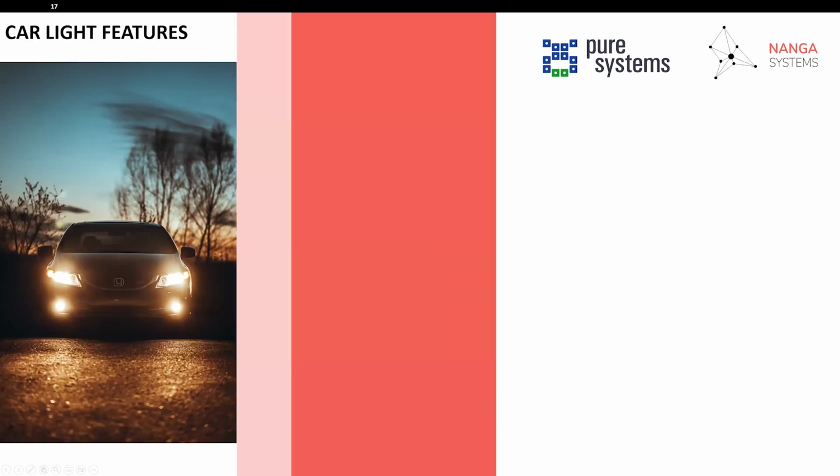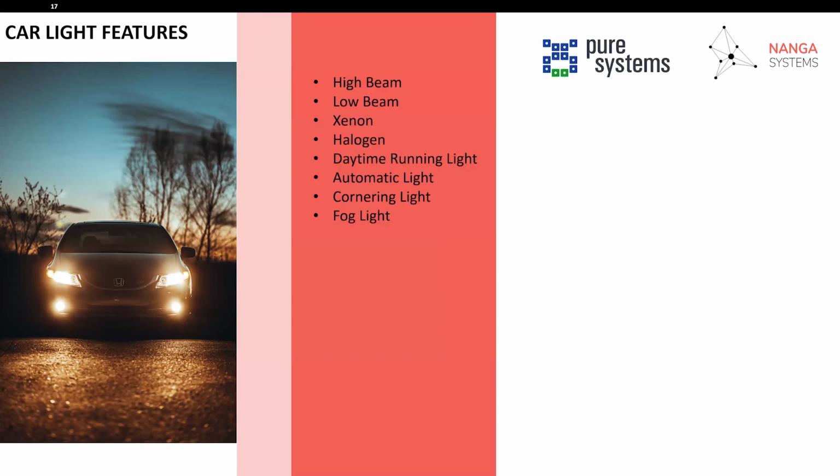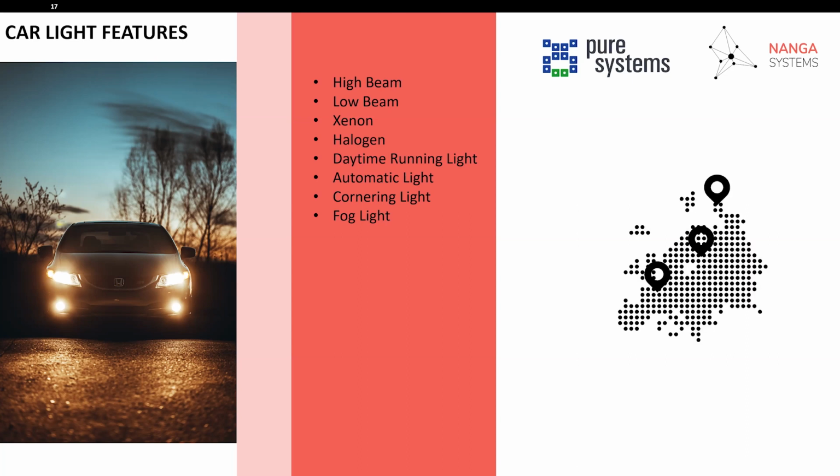For our example today, we use the car-light example with the car-light features. We are producing car lights. You can imagine we have a lot of different possibilities to configure car lights. And of course, we have not just the possibilities of configuration, we have some restrictions as well.